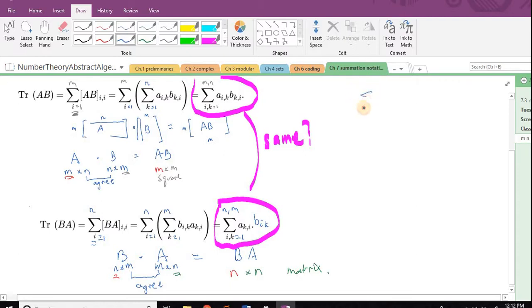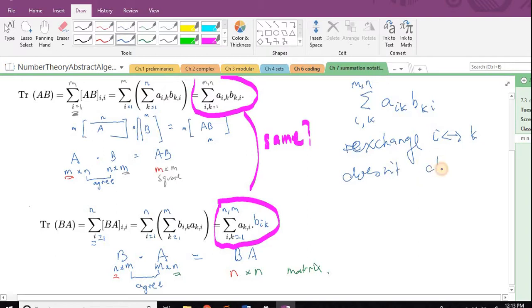So let's write this one, sum over I and K, M and N. Then here I have AIK BKI. Now what you're saying, I think, is that I'll exchange the I and the K. Yes. And that doesn't change anything. Doesn't change the value. That's just changing letters.